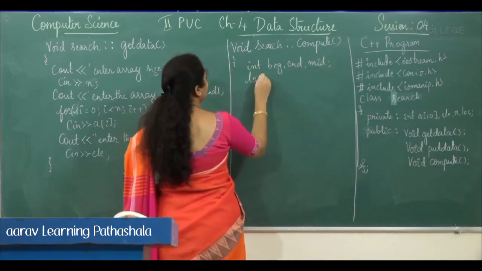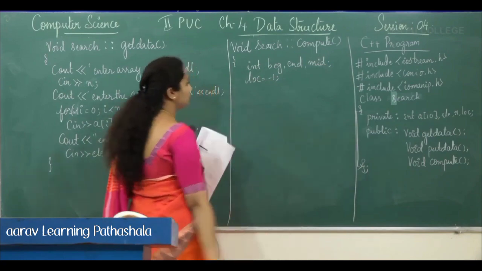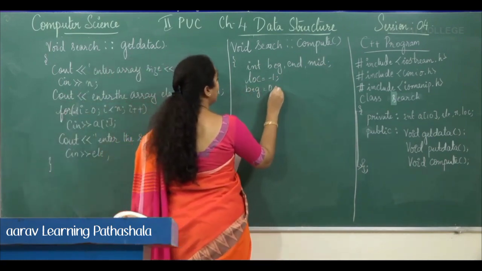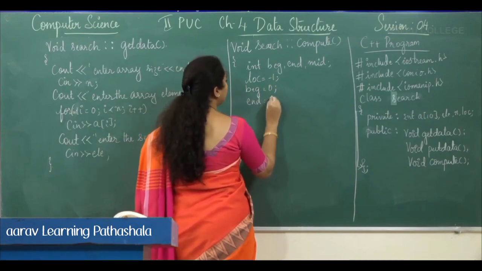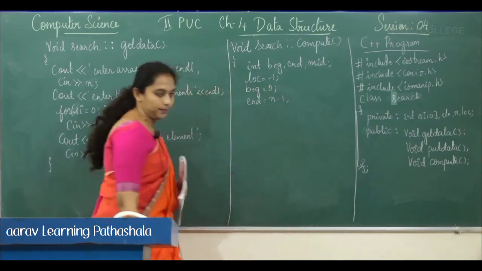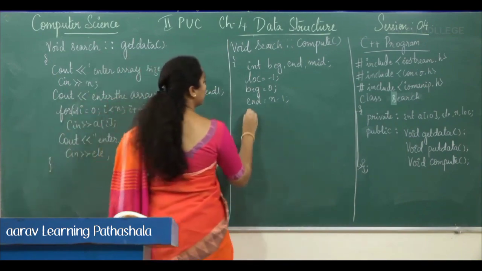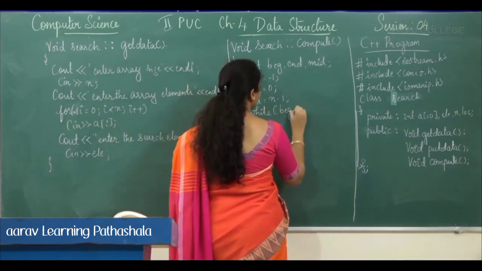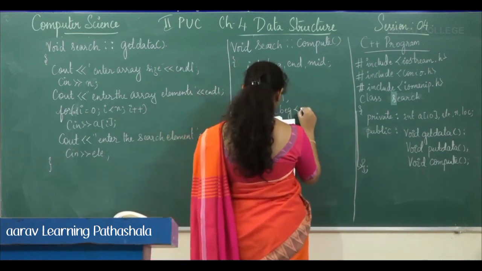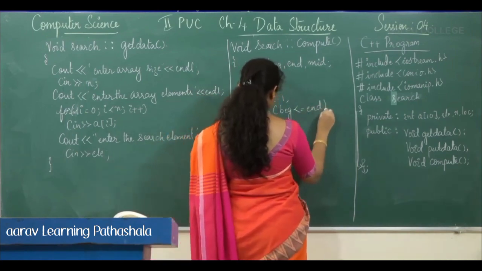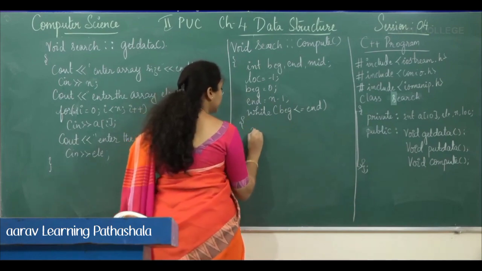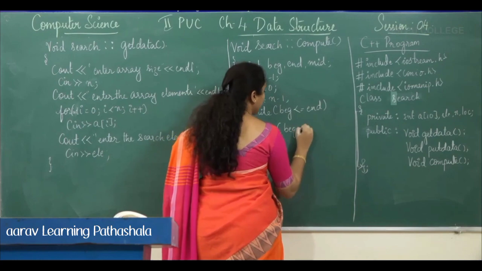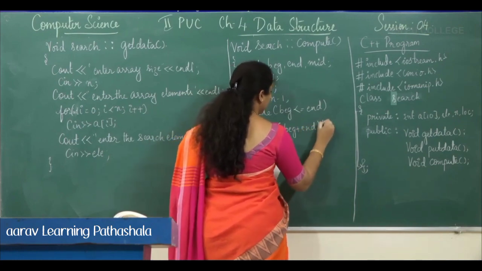Next, set location is equal to -1, beginning is equal to 0, end is equal to n minus 1. While beginning is less than or equal to end, we have to find the middle element. Mid is equal to (beginning plus end) by 2.